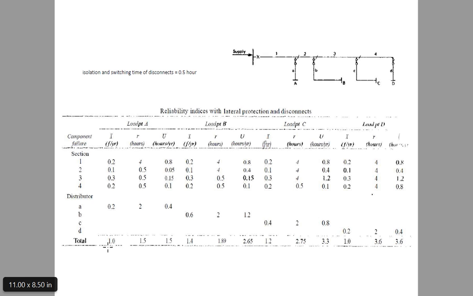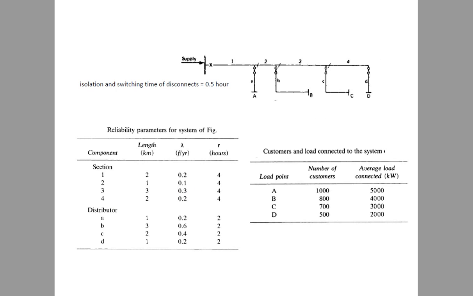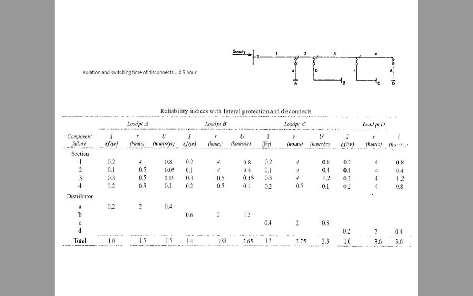By multiplying failure rate and repair rate you will be able to know the average annual outage rate. And once you know all these reliability indices, and as you know the consumer and load connected data here, you can calculate the reliability indices just by using the formulas of interruption indices and system and load indices.